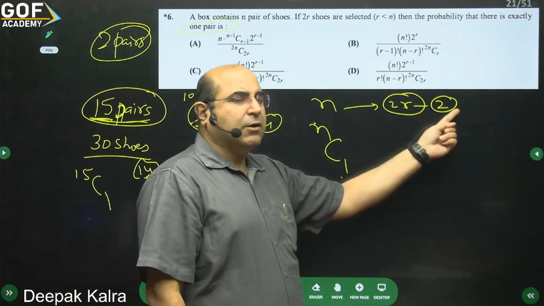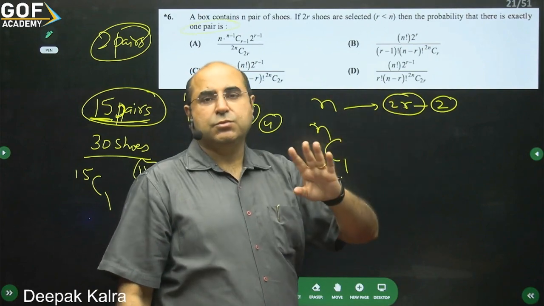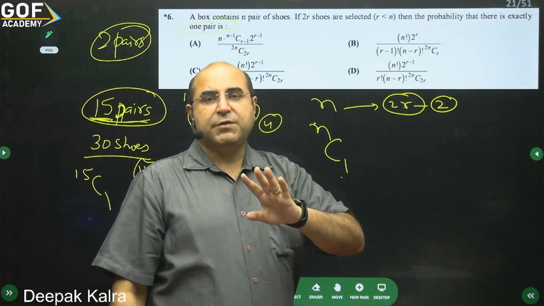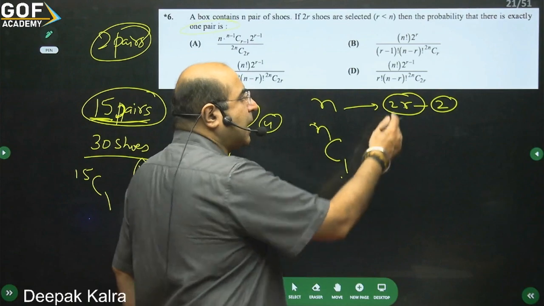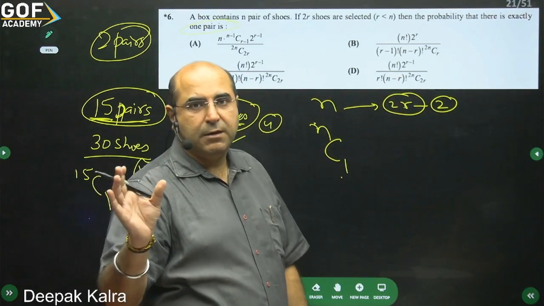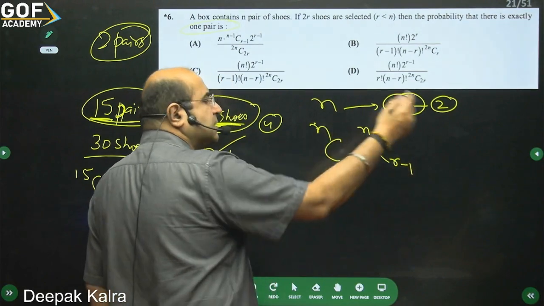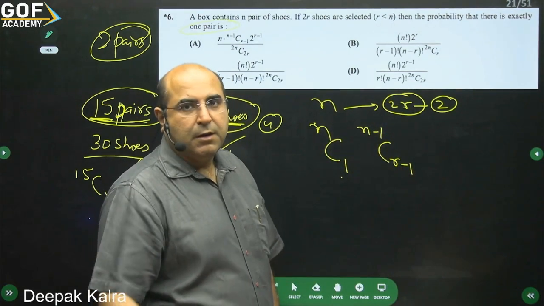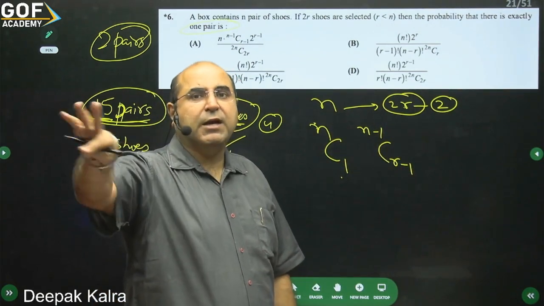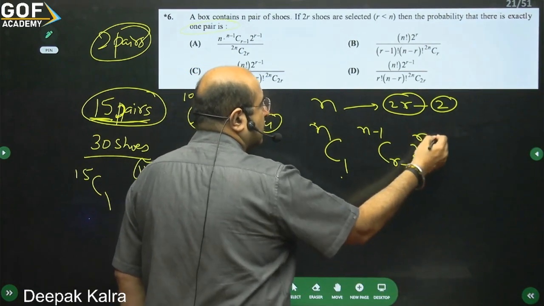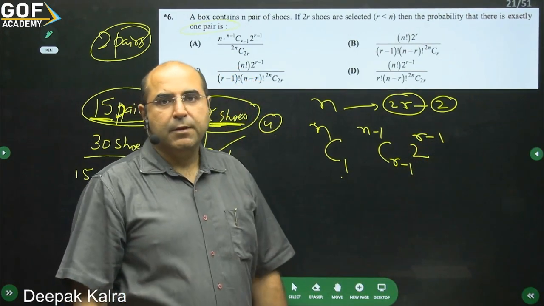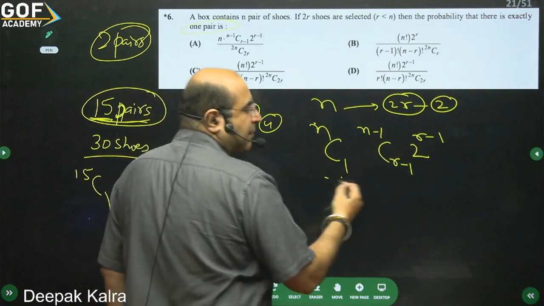So 2 are gone, 2r minus 2 are left, meaning r minus 1 pairs to be selected from the n minus 1 pairs left, and they should be either right or left one.